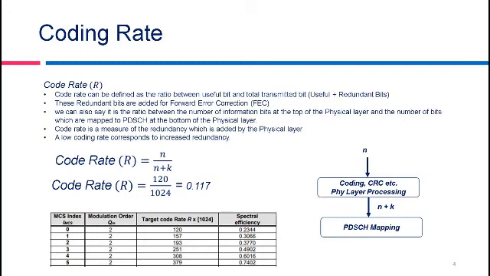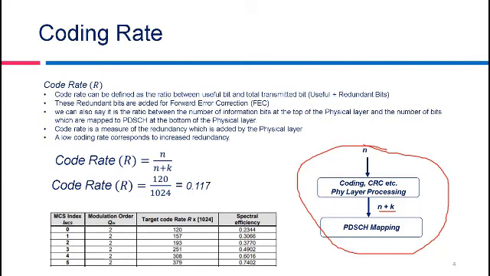So on the right side, we can see this diagram. Here we have n number of bits at the top of the physical layer, and after adding this redundant bit, this becomes n plus k. Then these n plus k bits are mapped on the PDSCH channel.